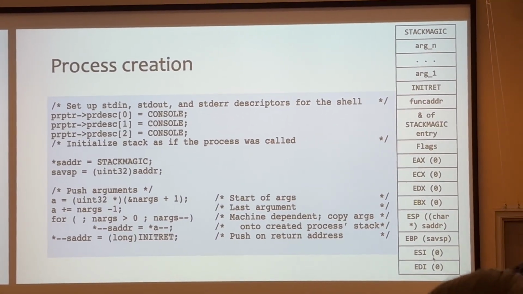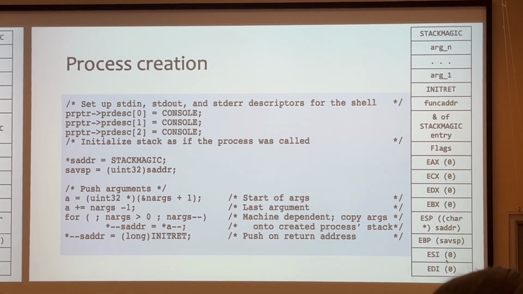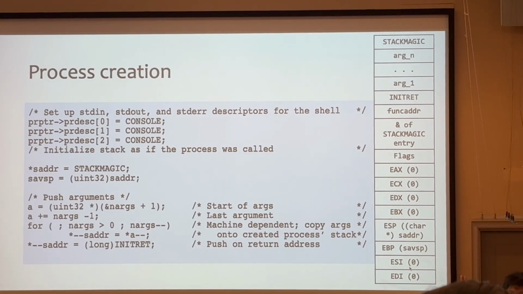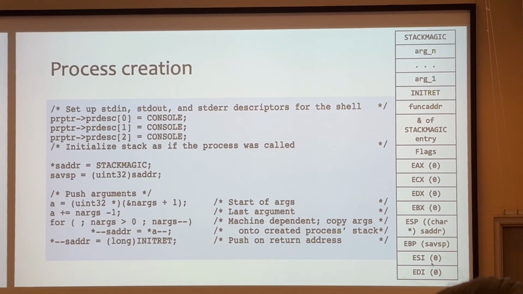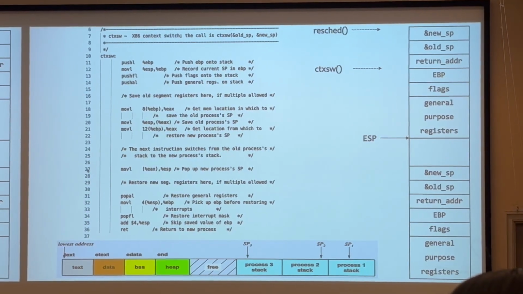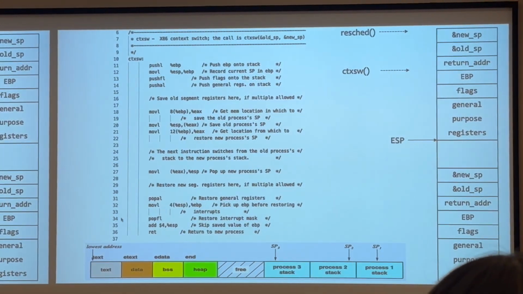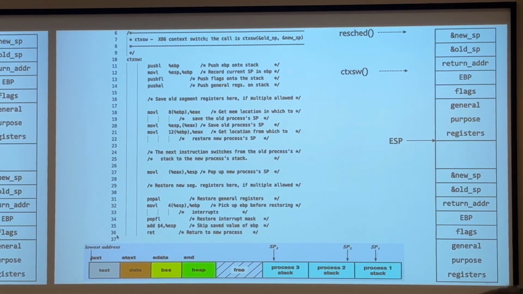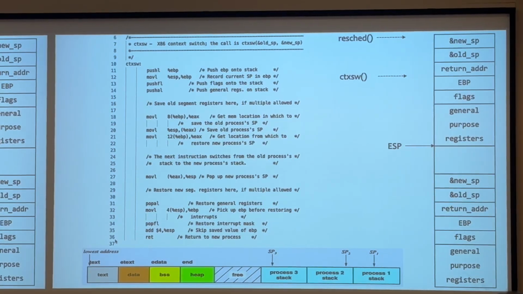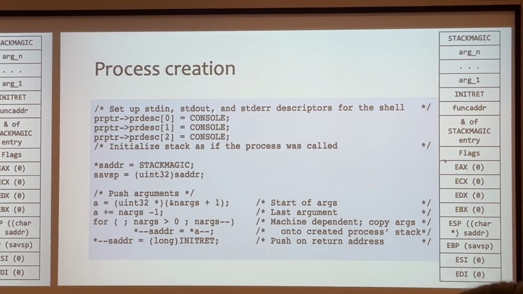After this is done, this stack looks like a process stack that has been switched out before. Okay, what does it mean? It means that if we execute the second half of the context switch function, from line 31 to 36, using this newly created process stack, it will succeed.